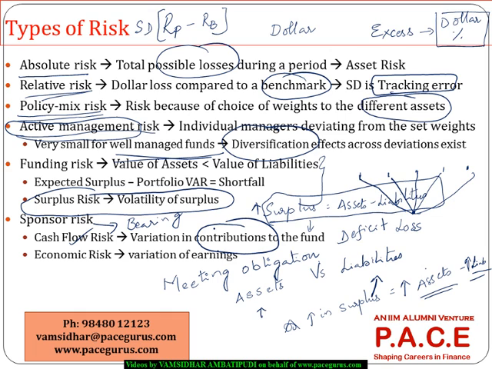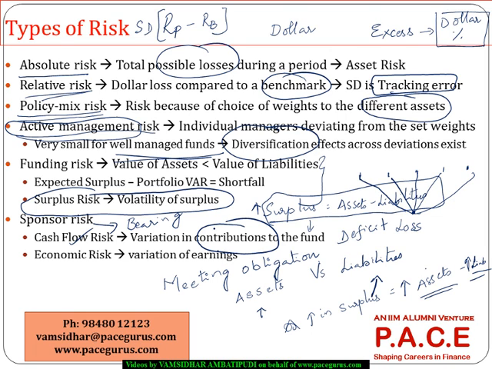And apart from that, there could be a possibility of economic risk, where the net income, the economic earnings that are coming out, they are varying because of market related factors or because of any other factors. All these things are adding up to the sponsor risk.